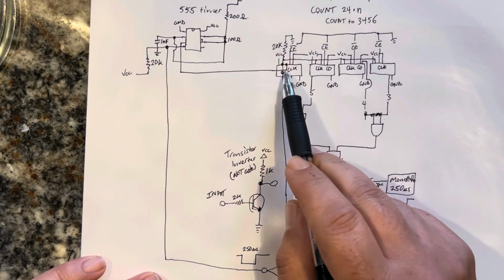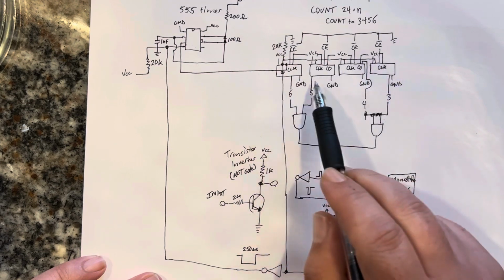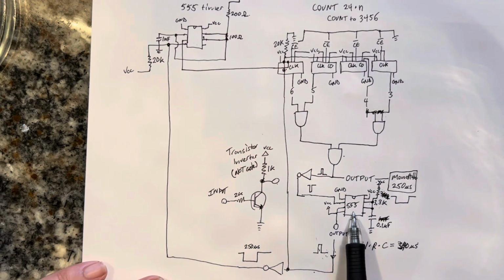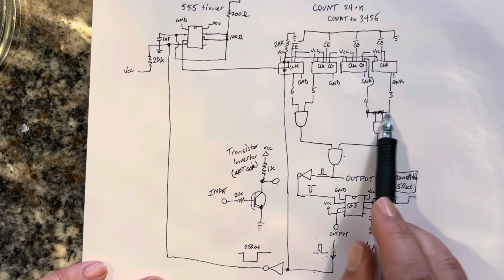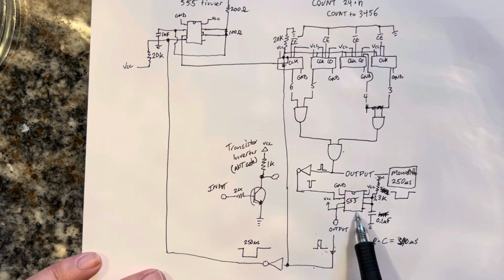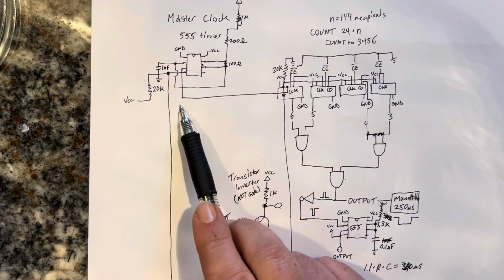All these reset pins are cross-connected, and so it resets all of them when this happens. And so every time the count reached 3,456, the monostable 555 timer would reset the counters and would stop the clock.